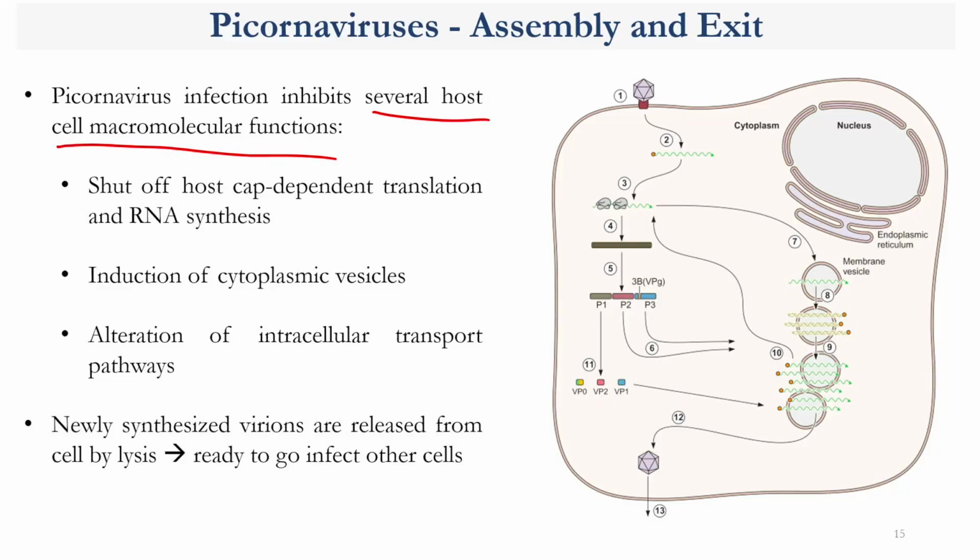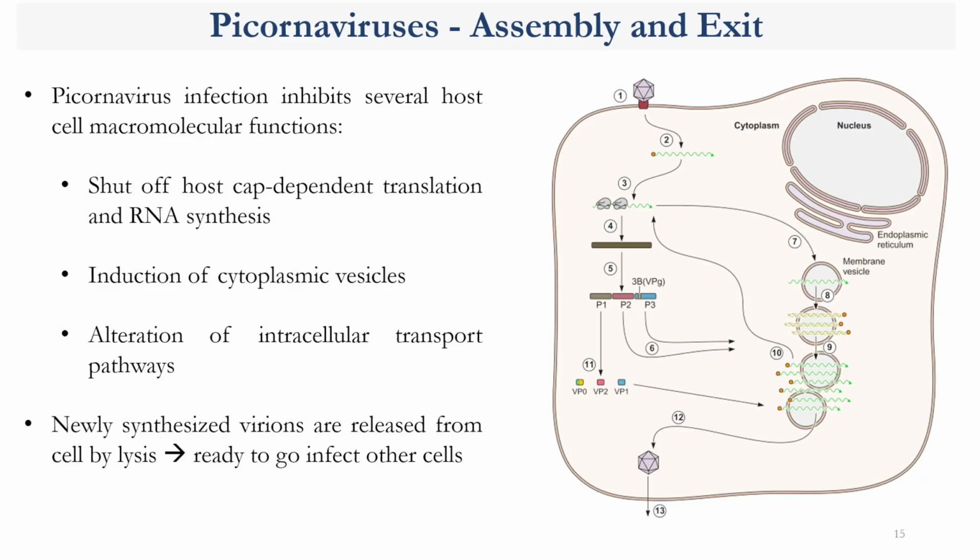Okay, so it cleaves the pre-initiation complex, which has proteins like eIF4, etc. It induces formation of these cytoplasmic vesicles, like we saw earlier, and it alters intracellular transport pathways. And by altering the pathways, the virus can move around in the cell as well.